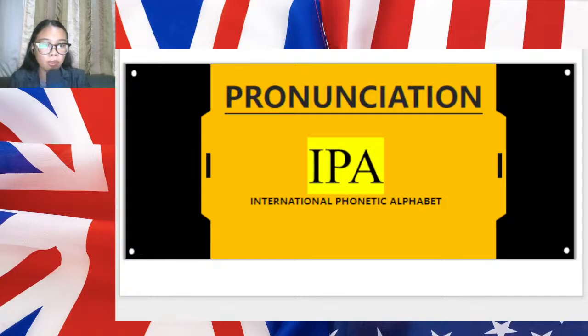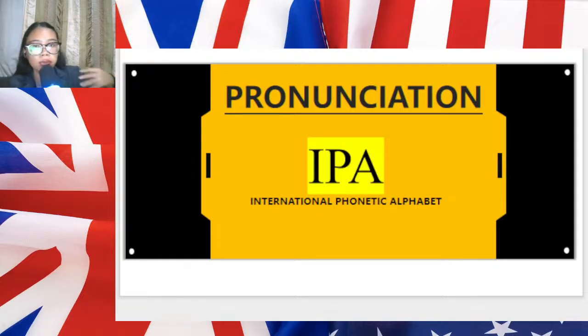So what we will do today is that we're not going to memorize the whole chart, absolutely not. There's a whole chart for the IPA because, again, this is a pronunciation guide. The chart includes all the symbols of particular sounds. But again, we are not going to memorize the whole chart. It would be very exhausting, and it might be overwhelming, because the symbols are not that familiar to most of us.